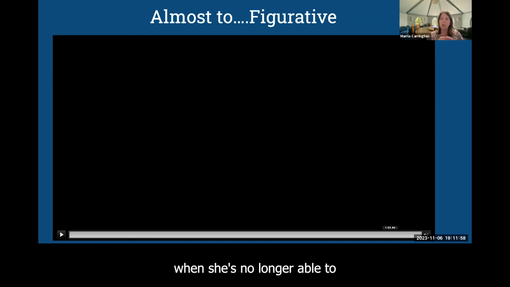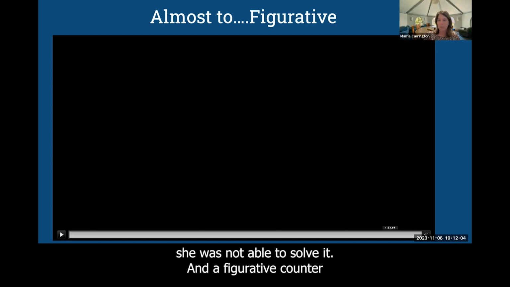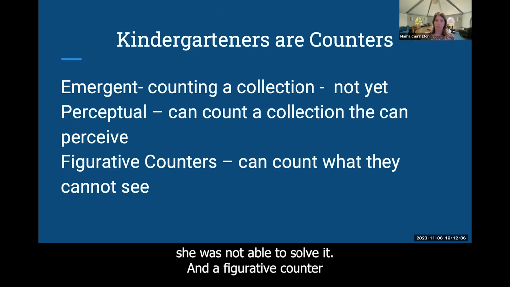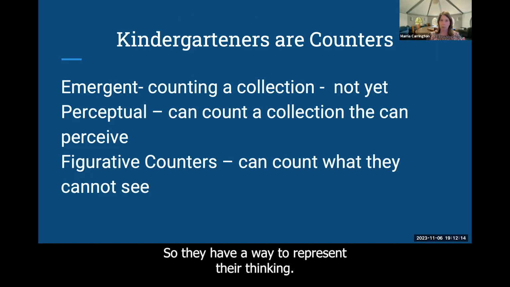When the task goes outside of finger range, she was not able to solve it. And a figurative counter can count what they cannot see and can take that outside of finger range. So they have a way to represent their thinking.